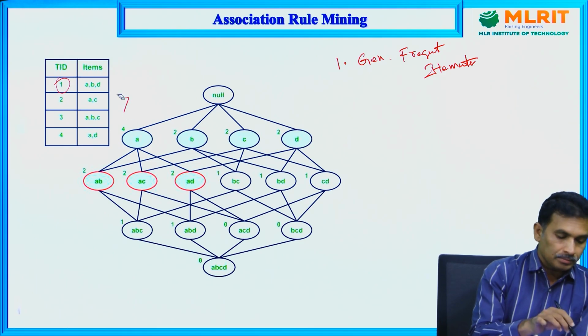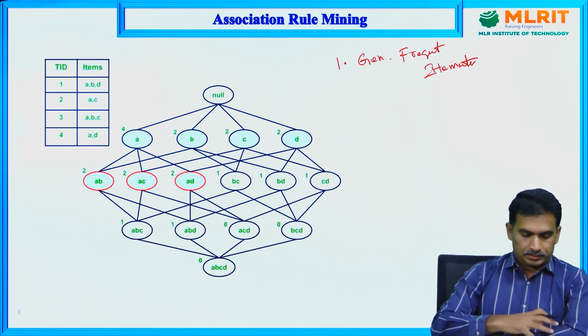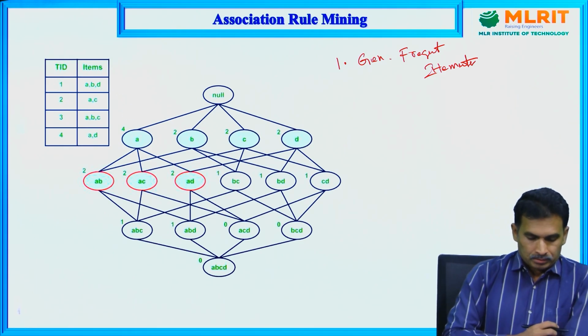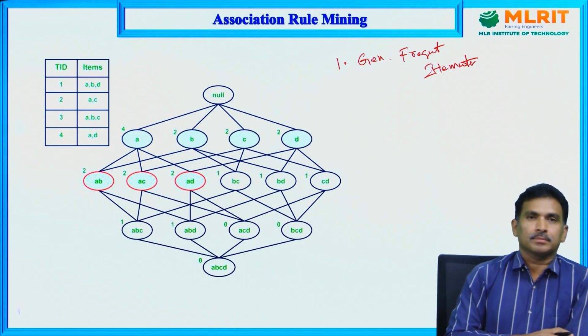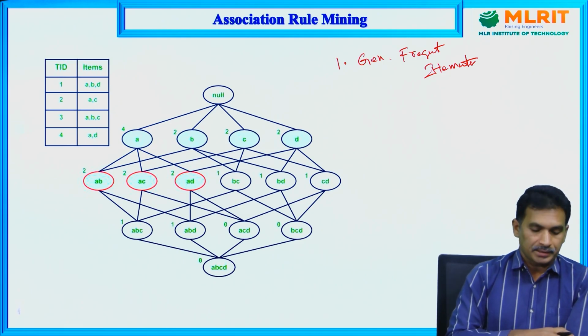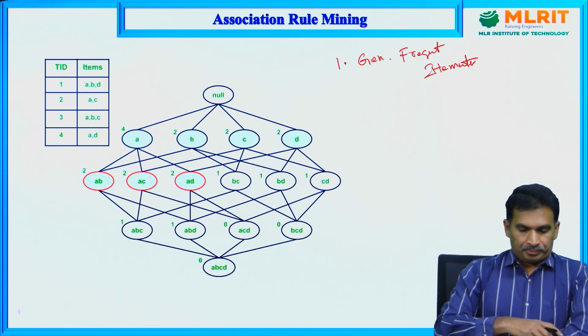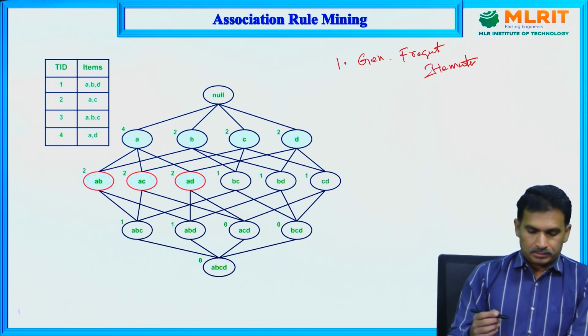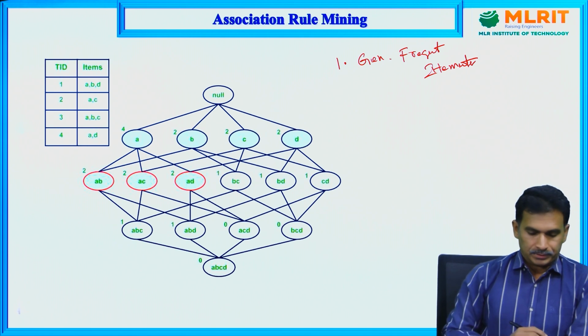Now let us try to understand why finding or generating the frequent item sets is a costly or challenging process. Suppose there are 4 items.